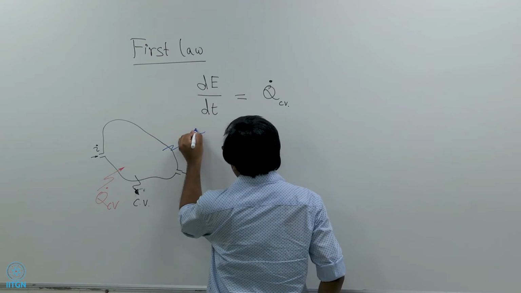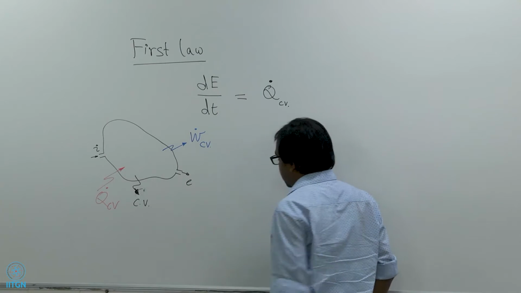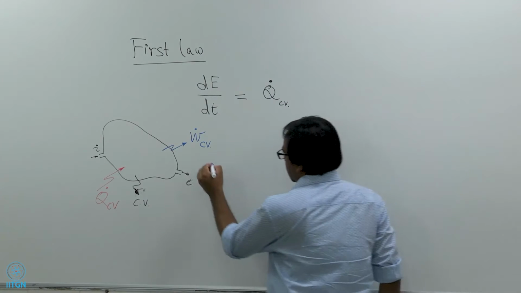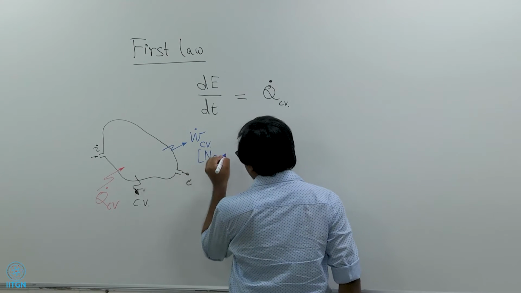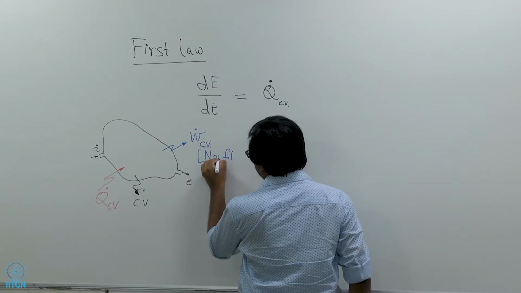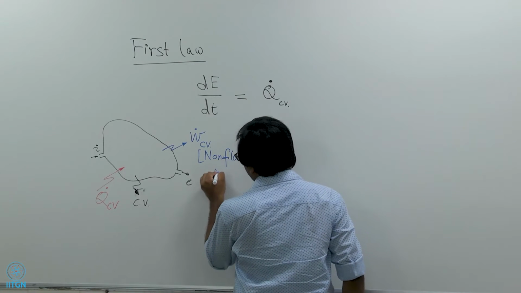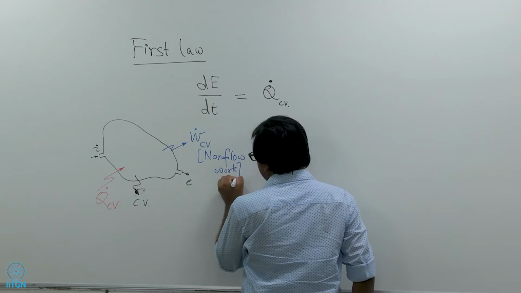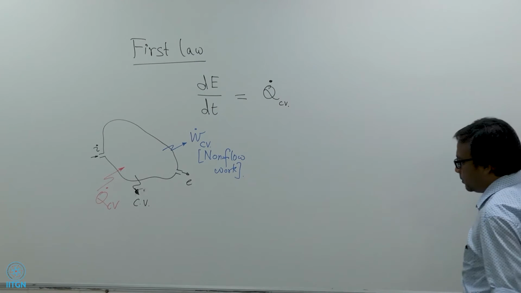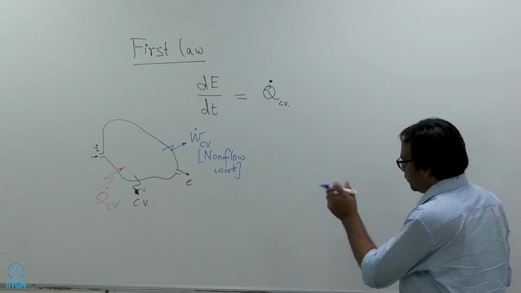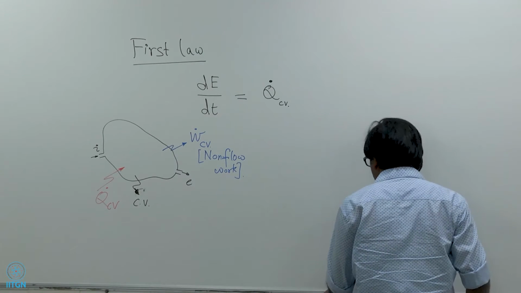So, this is W dot CV. This work is something we will quantify as non-flow work. Why that is the case has already been clarified in the previous class, but we will go through it very briefly just to give you the context.